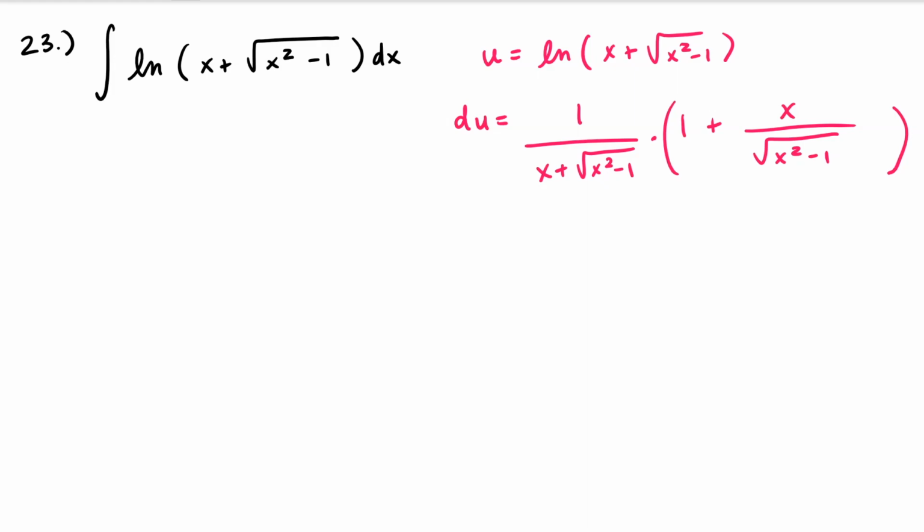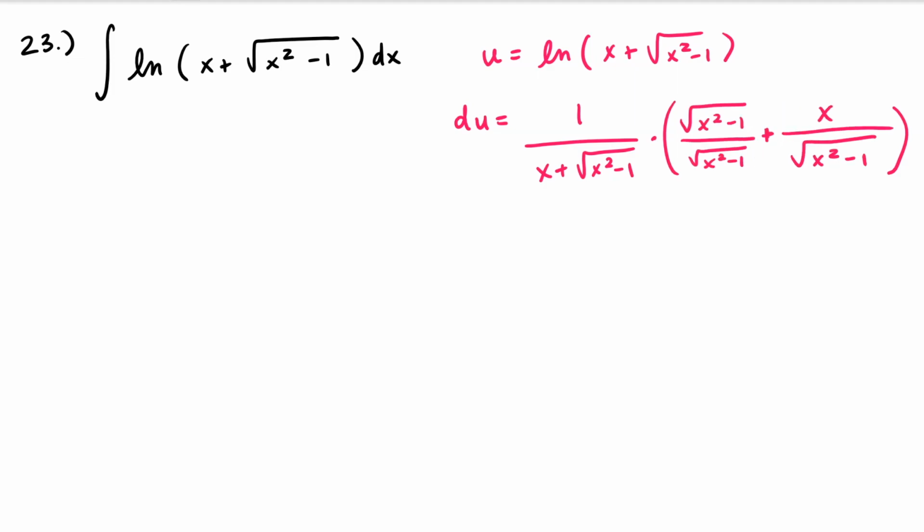Also, inside here, if I wanted to find a common denominator for those two values, then the 1 I could multiply by the square root of x squared minus 1 over the square root of x squared minus 1. So let's go ahead and do that.